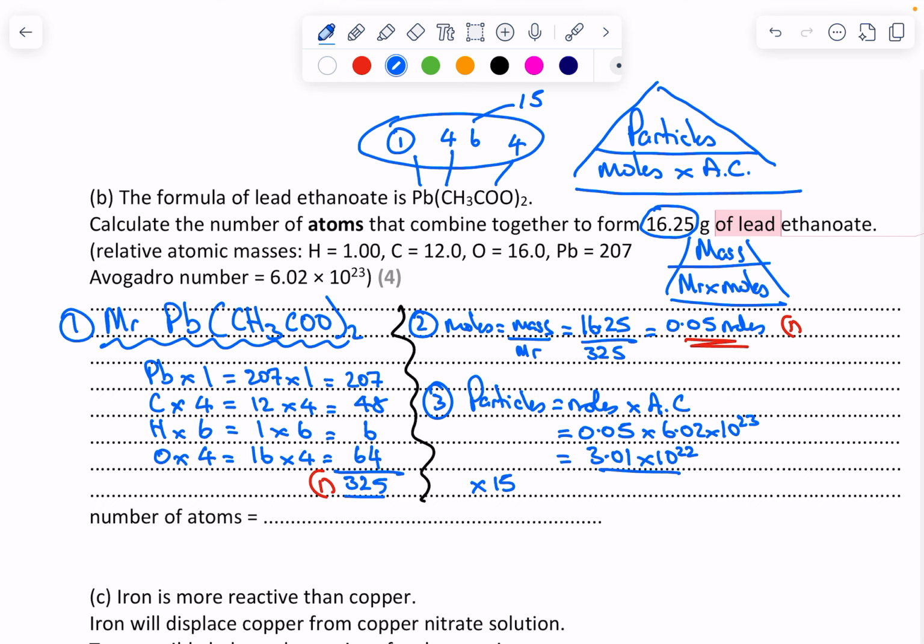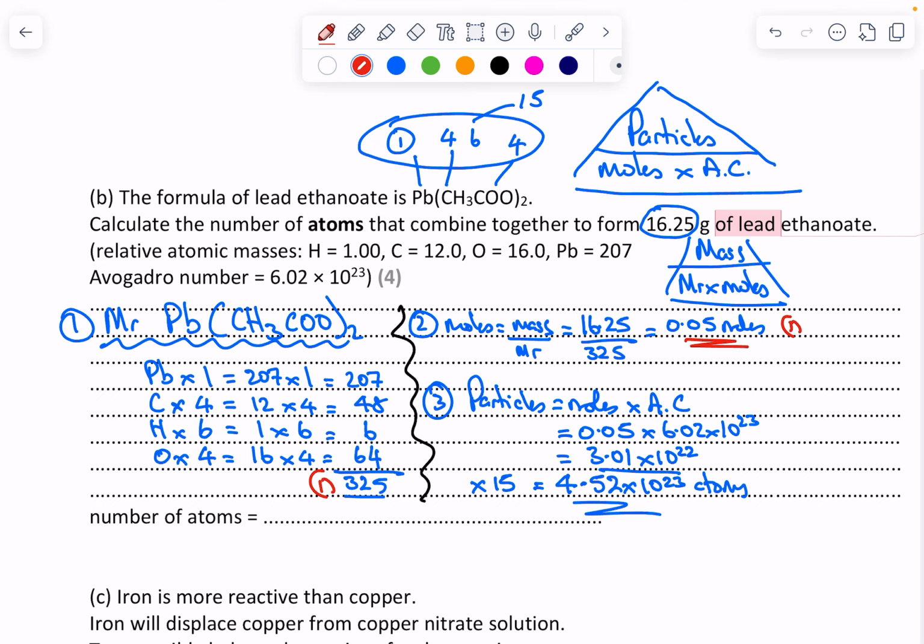So I'm going to have to times the number of particles of the lead ethanoate by 15 to get the number of atoms, and that's going to be 4.52 times 10 to the power of 23, and that is now atoms in the formula.